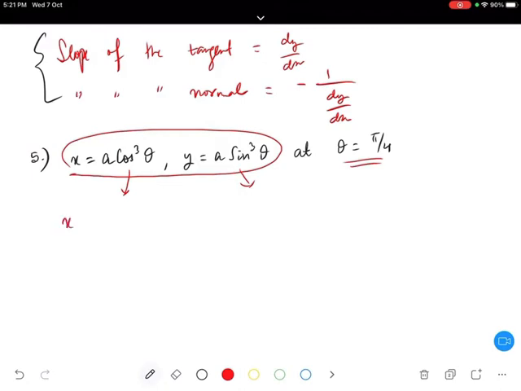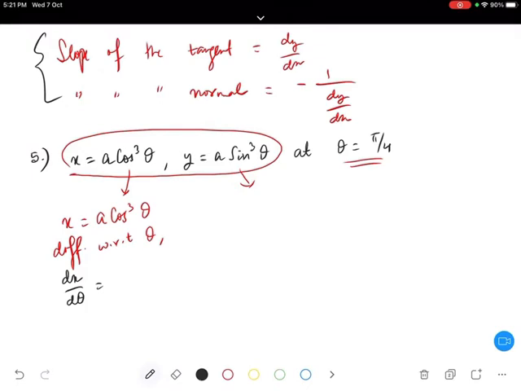First I will take x is equal to a cos cube theta. Now differentiating, it will be with respect to theta here, not x. Theta is the independent variable. Differentiating with respect to theta, what do I get? dx/d theta is equal to differentiation of cos cube theta.